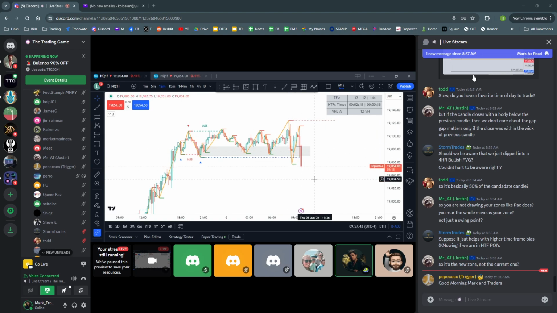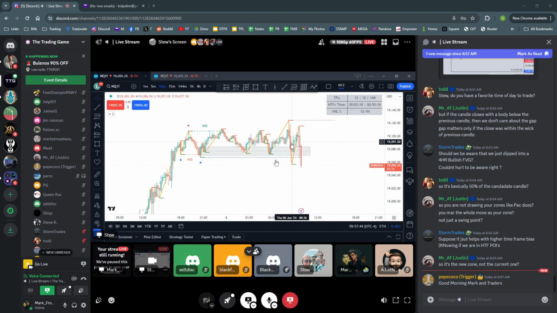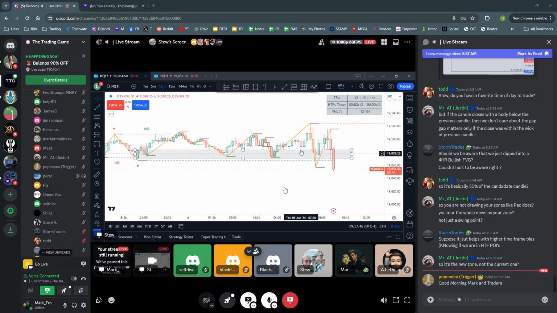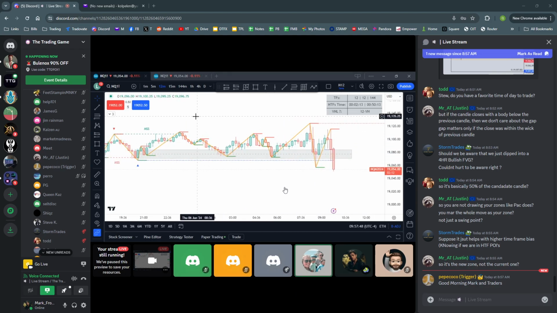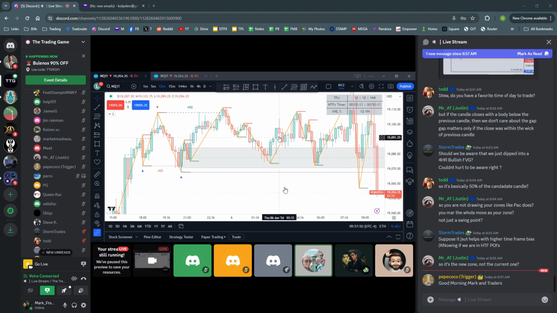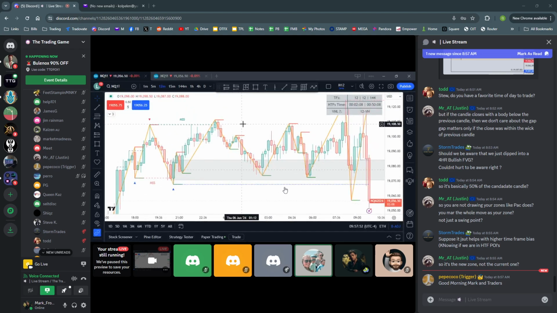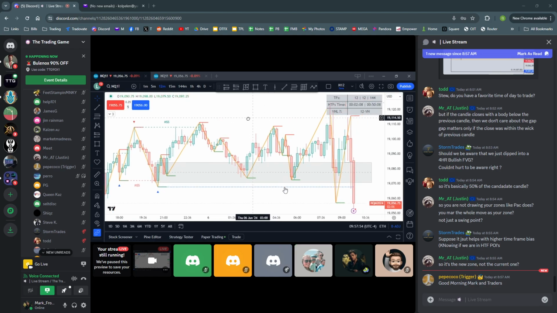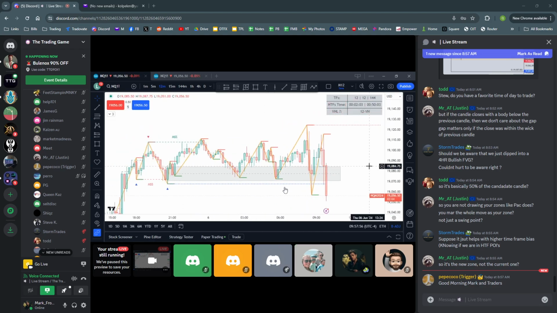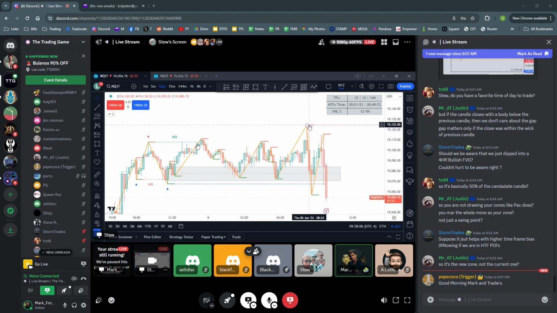Is that wick the highest valid high though? Let's see. Gap, continuation. I don't know. For some reason, I keep wanting to gravitate back to this valid high, but that's what I had, yeah.